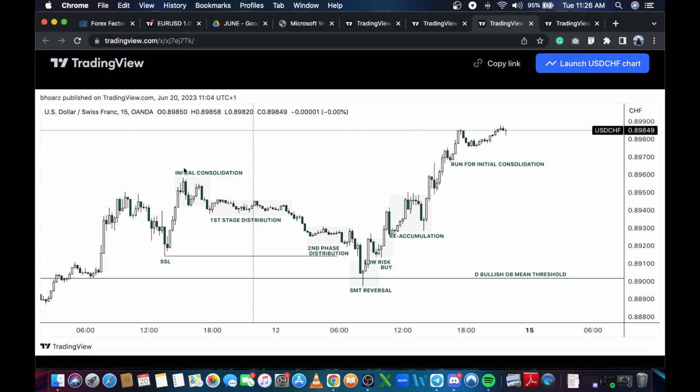Okay, so what you have here is your initial consolidation, which forms outside our kill zone, during near close, and then the market goes into that tight range, heading into close of day, into changeover session for a new day. And this is your first day distribution.